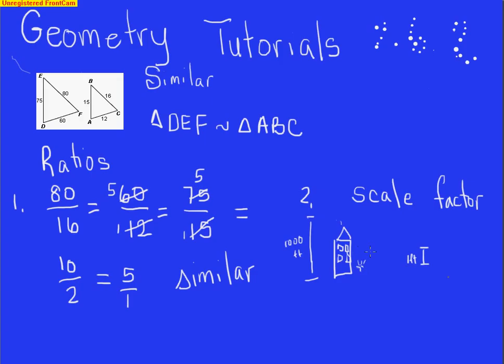The windows would have the same scale factor, the trees would have the same scale factor, the height of the elevators, everything would have the same scale factor. In other words, they would be reduced. So if they are being reduced from a large object to a small object, we take the number of the large object. We want to figure out what number we multiply that by to get the small object.